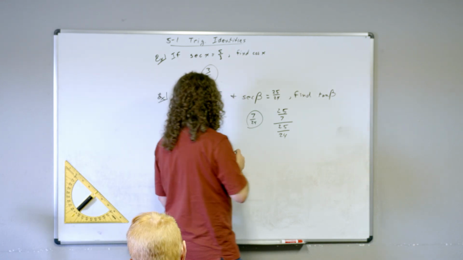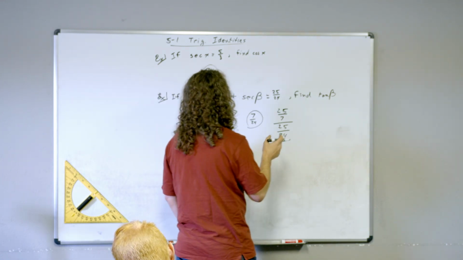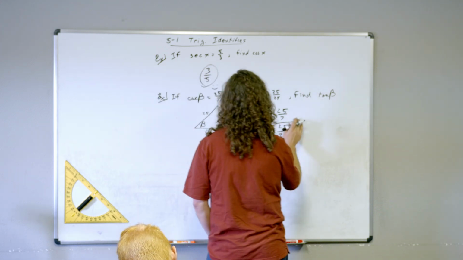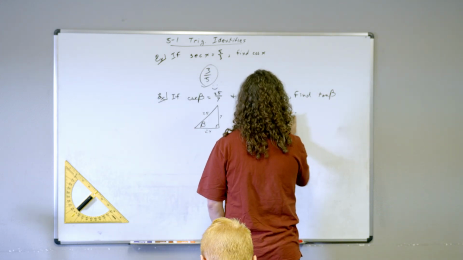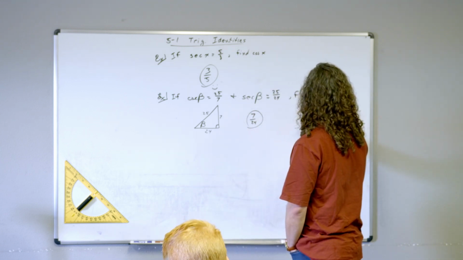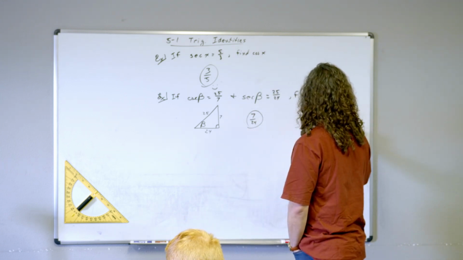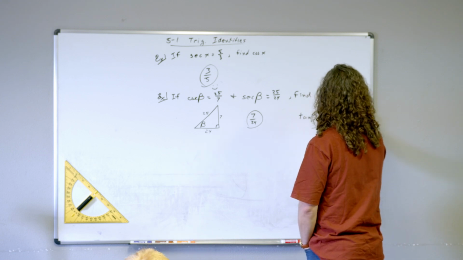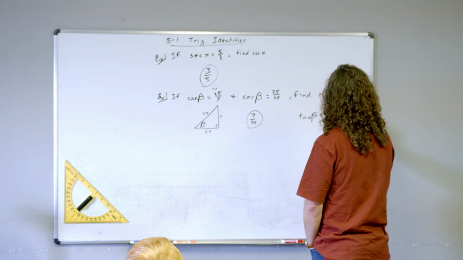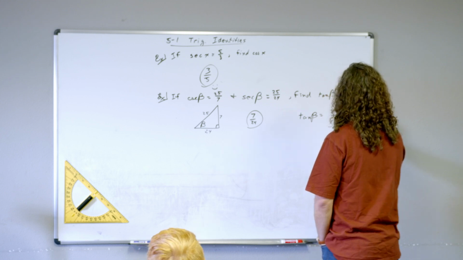Flip the bottom one and multiply. Or did I say that backwards? I think I did that backwards. Tangent of beta equals sine beta over cosine beta, right?